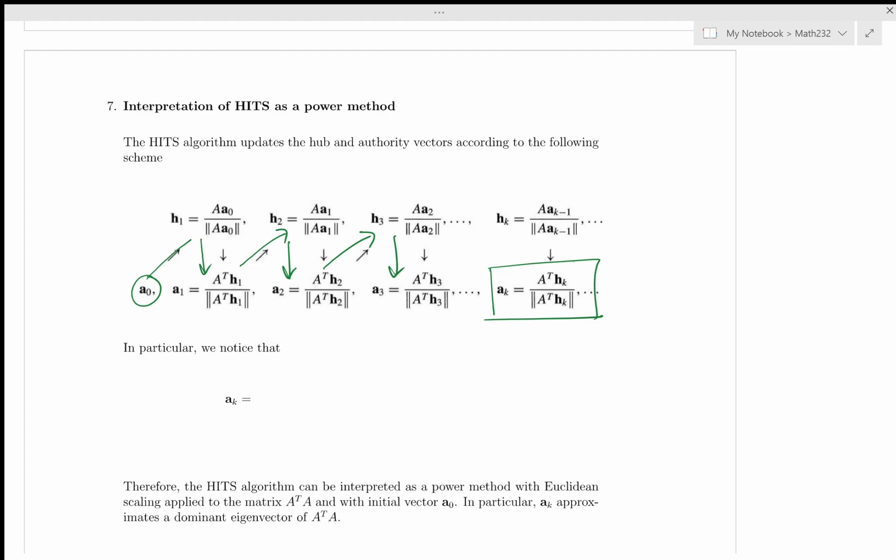And actually, you do not need to; the H can be substituted out through here, and you figure out that this can actually be calculated directly like this. So the kth version of the authority vector can be calculated like this.